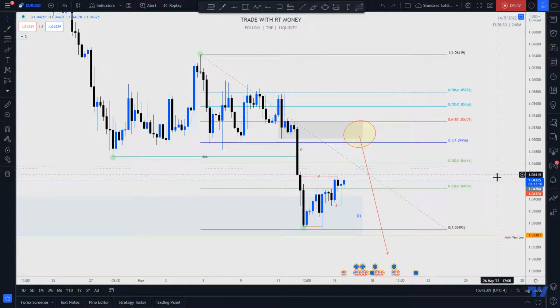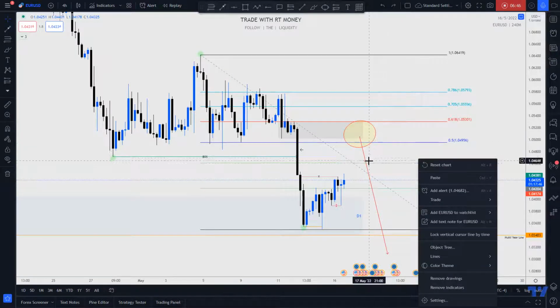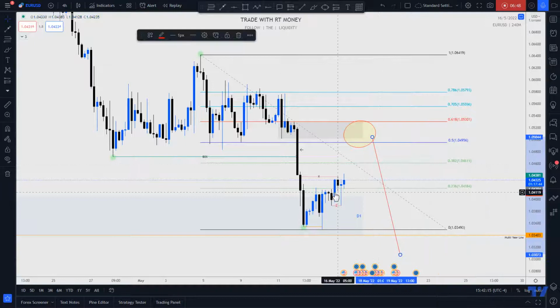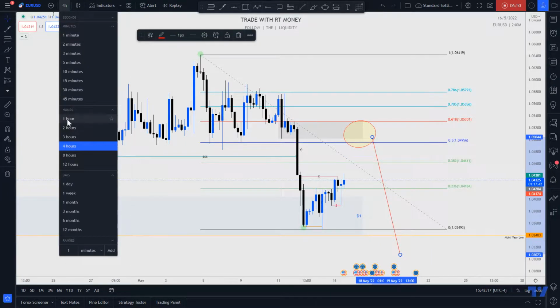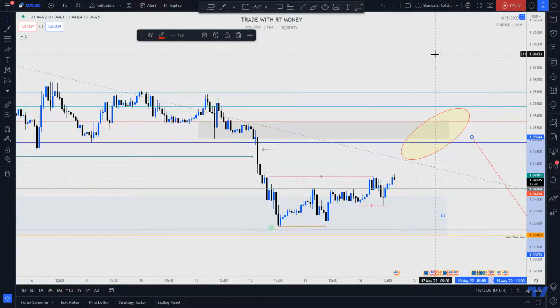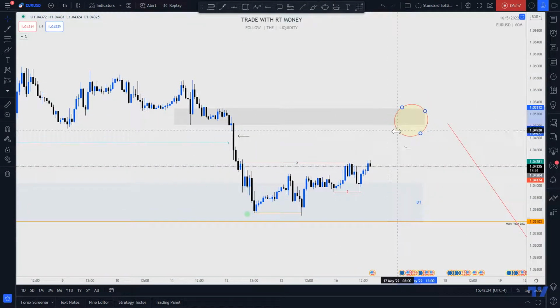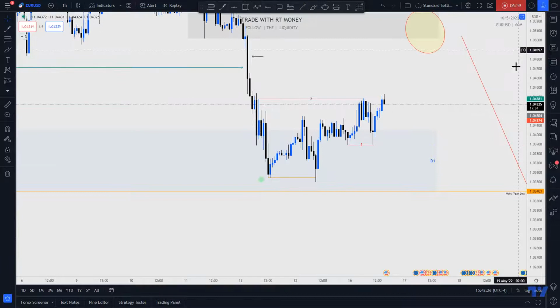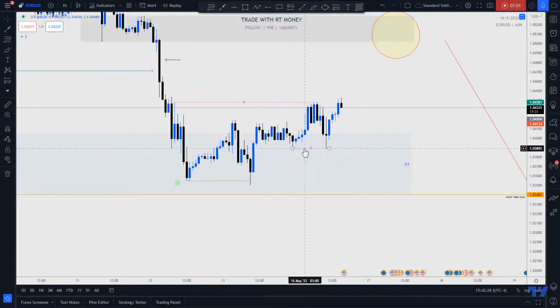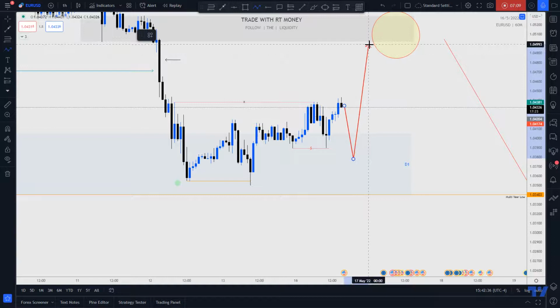All right. Now, what I would like to see, I'm letting you know what I'd like to see first. What I'd like to see happen is on the 1 minute, the 1 hour. We can get rid of this because I don't like a whole lot of clutter on my charts. What I'd like to see first, you see these relative equal lows here? I would love to see price come back and get that relative equal low, and then go up.